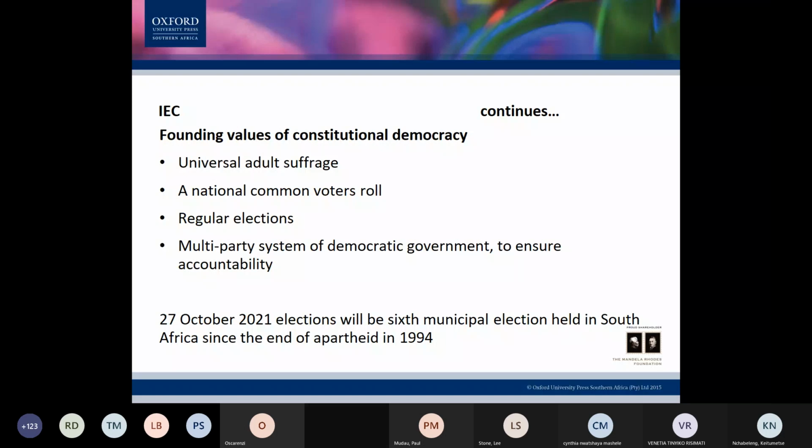That's why South Africa is regarded as the epitome, the quintessential or typical example of how a true constitutional democracy should resemble. We've been having undisturbed periodic elections since 1994.